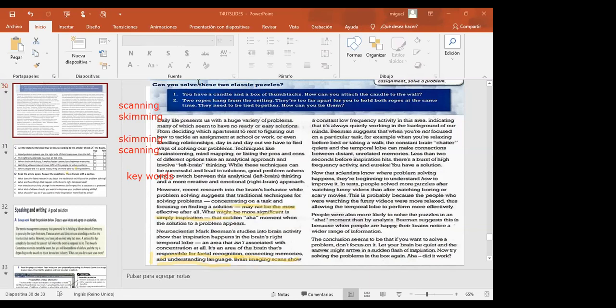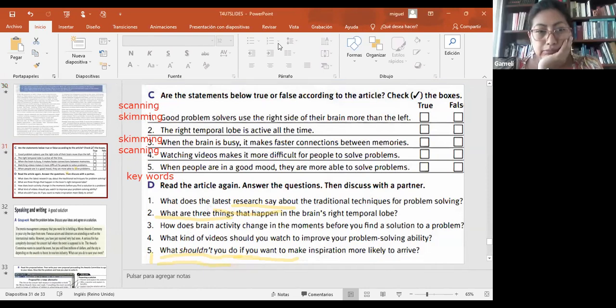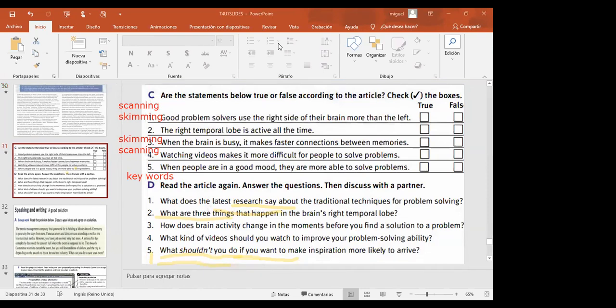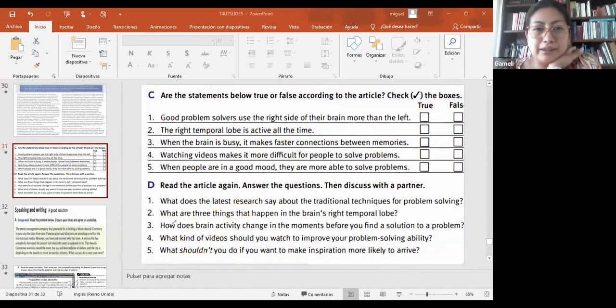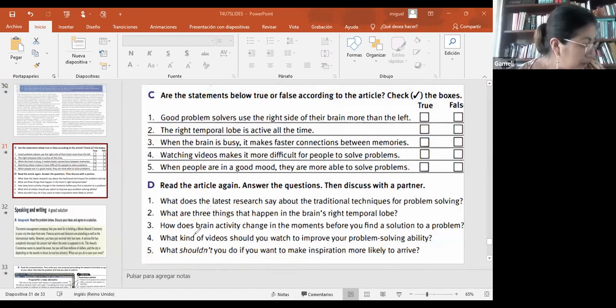Number 3, I think. Gabby and Gameli, please. You, Gabi, or me? You, Gameli. Okay, number 3, how does the brain activity change in the moments before you find a solution to a problem?